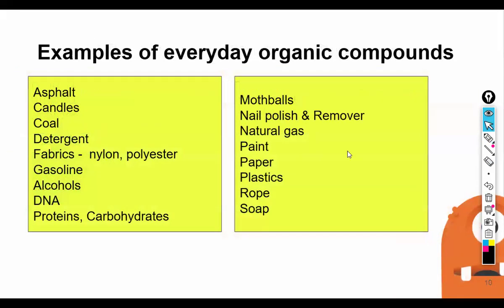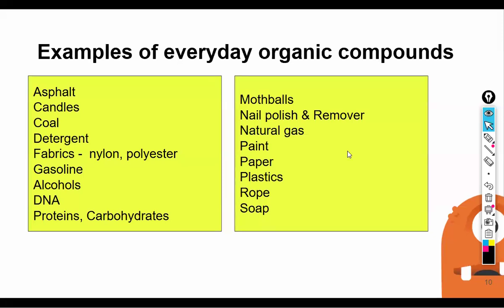And here are some everyday examples of organic compounds you can find right around your house. How many of these things look familiar, right? I think almost everything here looks familiar. Asphalt, that thing on the road, candles, coal, detergent, mothballs, nail polish remover, natural gas, right?